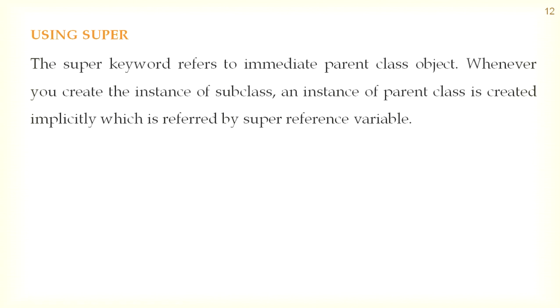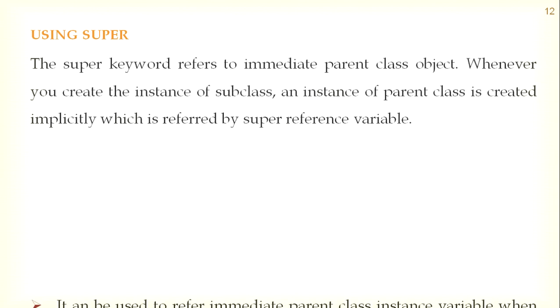Using super. Super is a keyword. The super keyword refers to the immediate parent class object. Whenever you create an instance of a subclass, an instance of the parent class is created implicitly, which is referred to by the super reference variable.